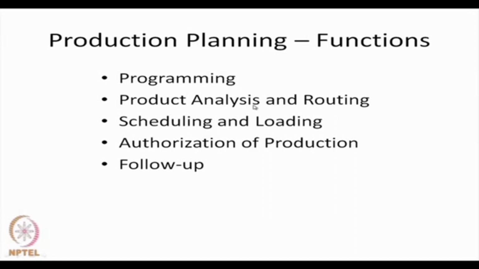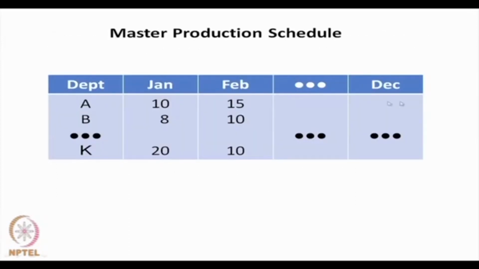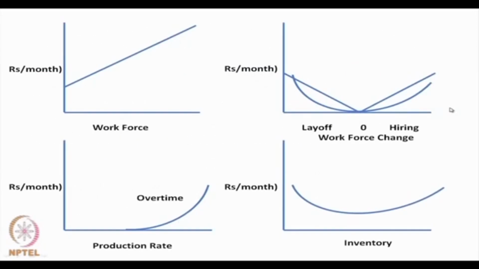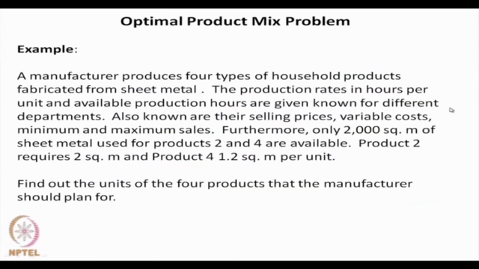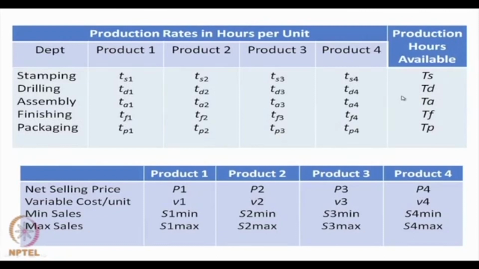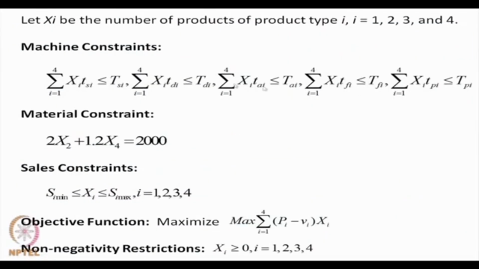Then we went to product analysis and routing. In this, we principally discussed 2 charts. This is programming, aggregate planning we discussed. Then we talked about the product mix problem, where we said that one has to define first of all the decision variables xi, and the different constraints are to be expressed in the form of inequalities using xi.